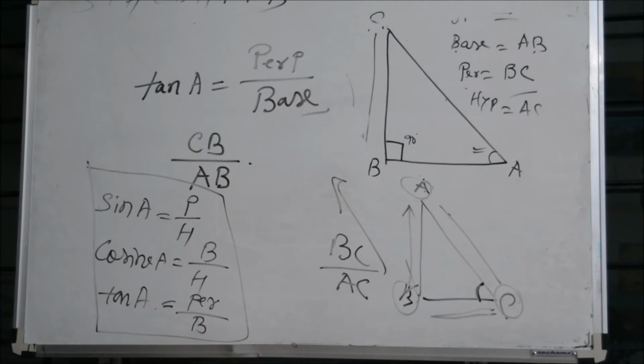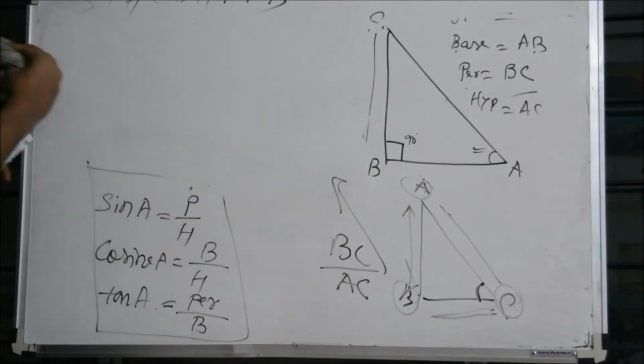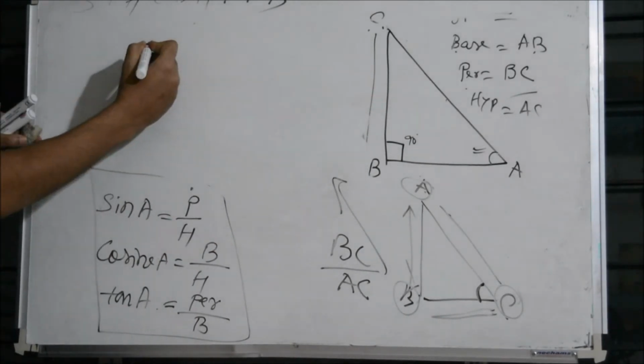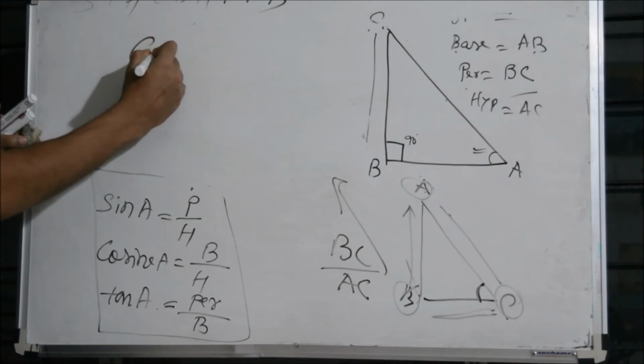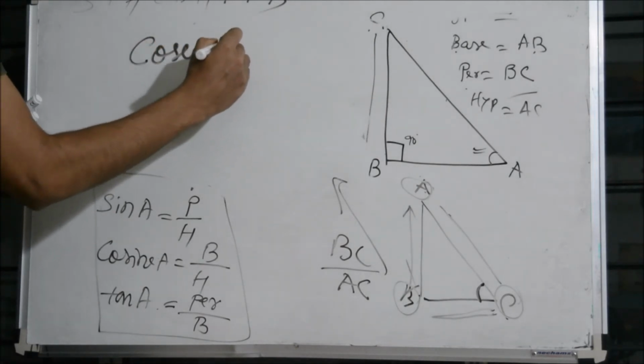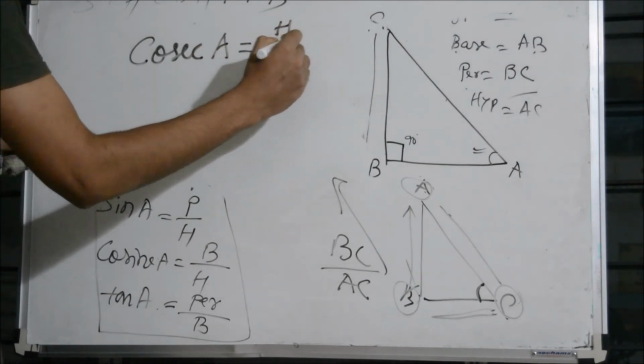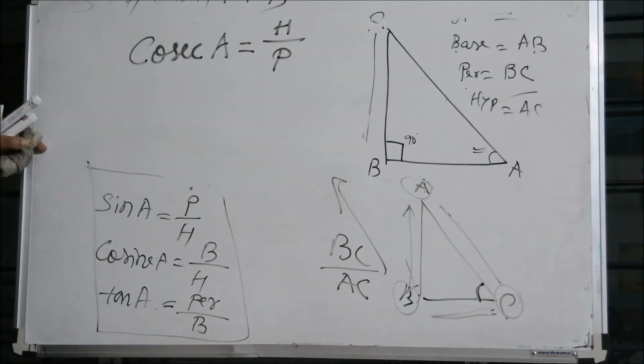Fine. We have three more trigonometric ratios. Next is cosec of angle A, which is equal to hypotenuse by perpendicular.